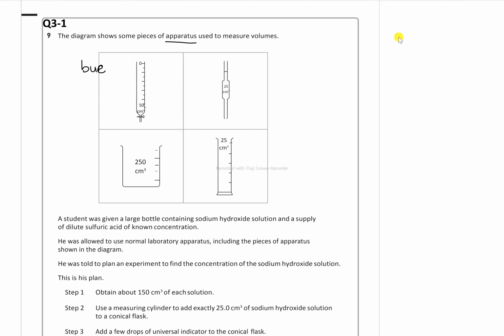Burette. I can't spell burette. Right, let's get rid of that. That's no good, is it? I can't spell that. Burette. That is a pipette. This is a beaker, a graduated beaker, and this is a measuring cylinder. Okay.